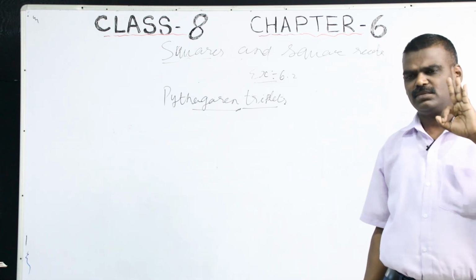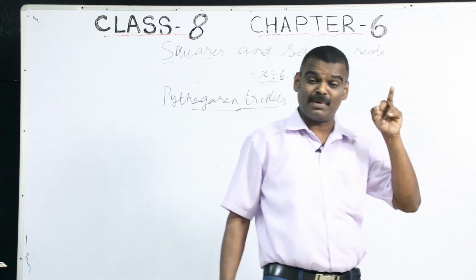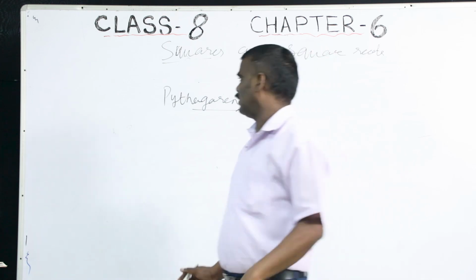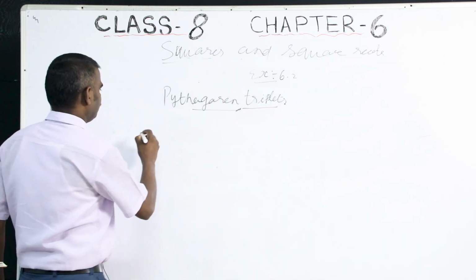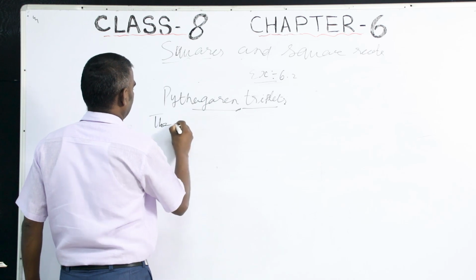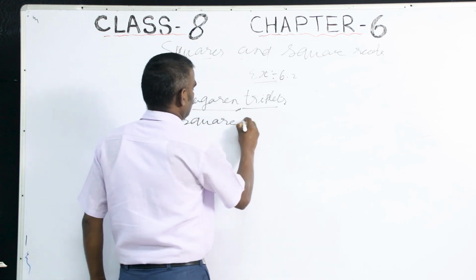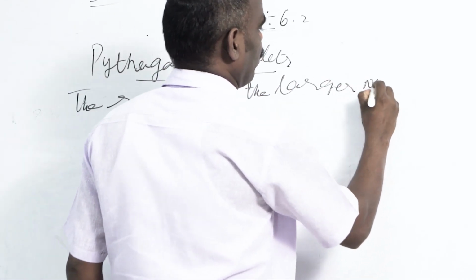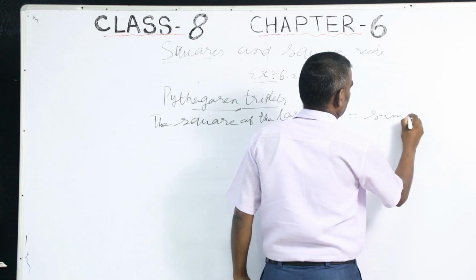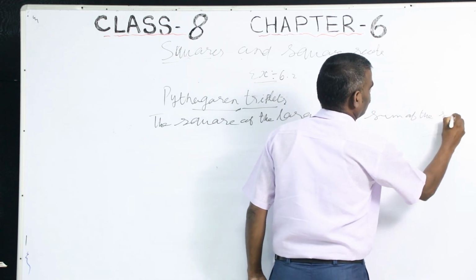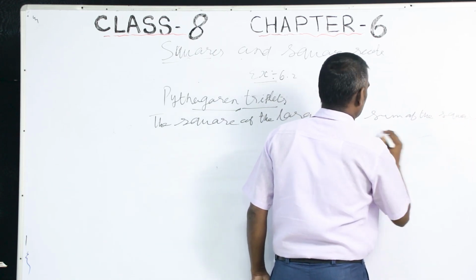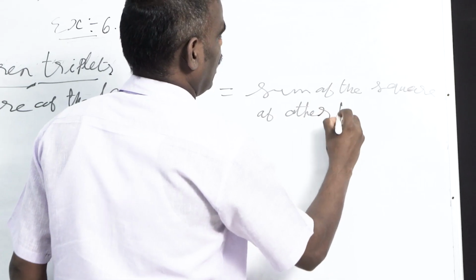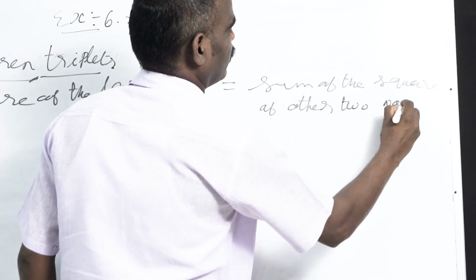There are 3 numbers. Among the 3 numbers, one number is the largest number, the bigger number. The square of the larger number equals the sum of the squares of the other 2 numbers.